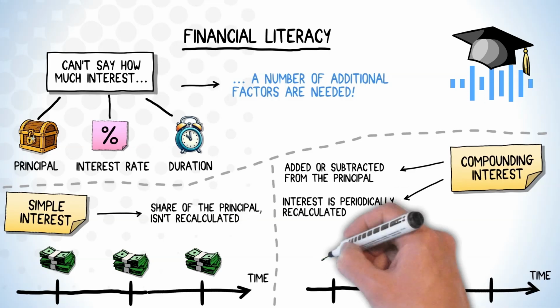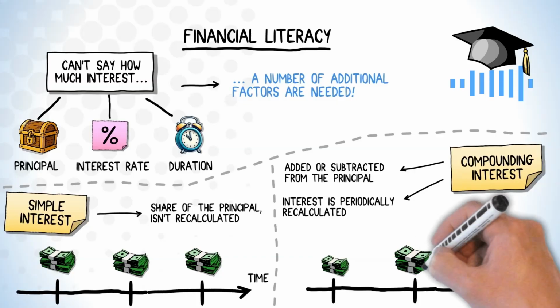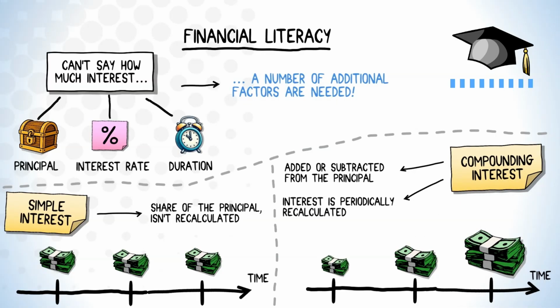In situations in which compounding interest accumulates, this means that additional interest is charged on top of the interest that has already built up. Because this can lead to quite massive returns if the duration is long, the personal finance crowd is obsessed with this, but this is a topic for another video. For now, remember that the distinction between simple and compounding interest has huge consequences.